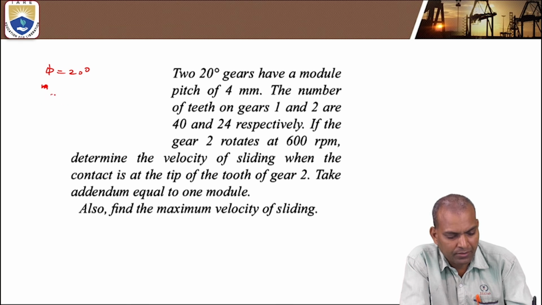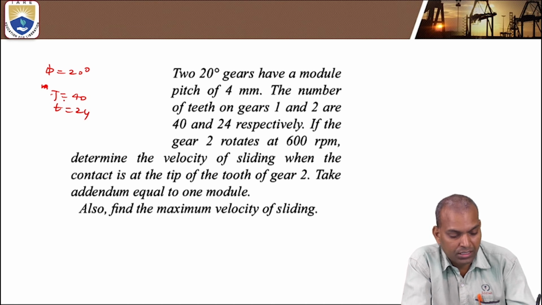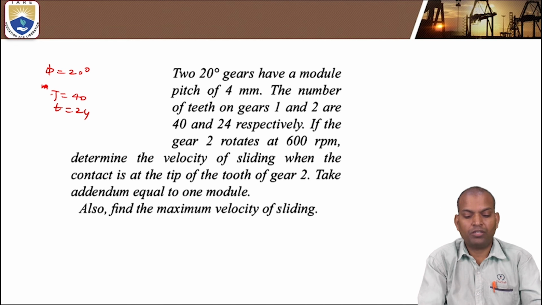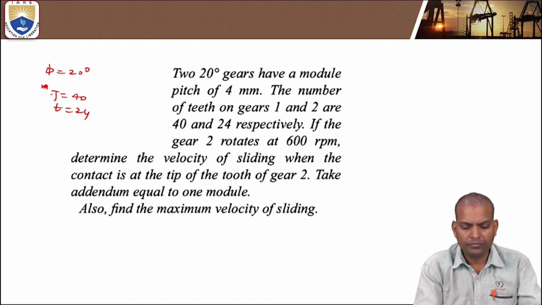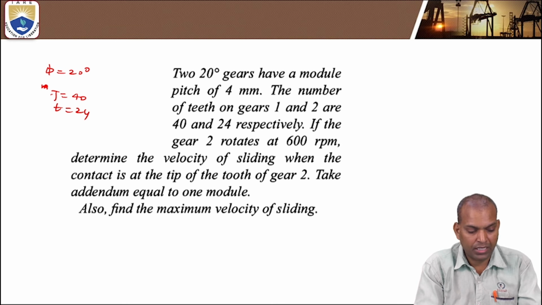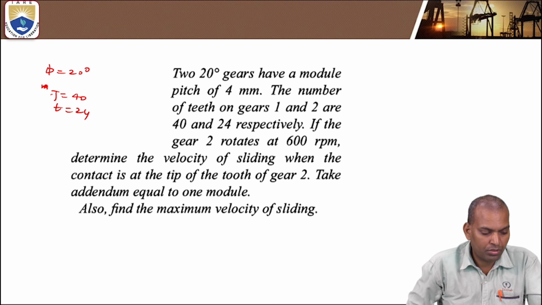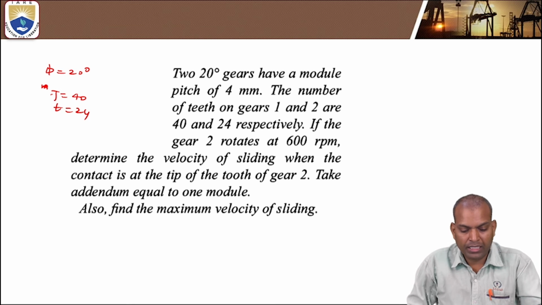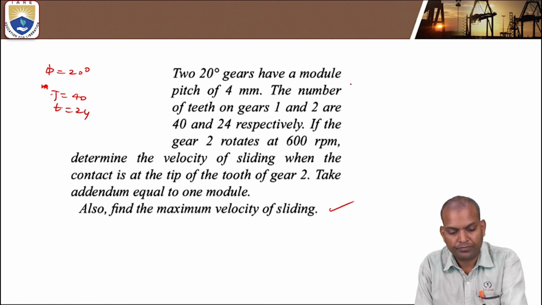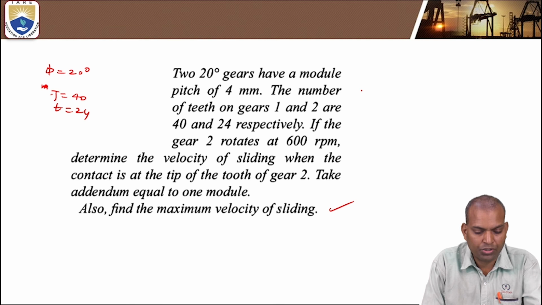We can also make it capital T equal to 40, small t equal to 24. If gear 2 rotates at 600 rpm, determine the velocity of sliding when the contact is at the tip of the tooth of the gear. Next, take addendum equal to 1 module. Also find the maximum velocity of sliding. So this is the question we have to solve.